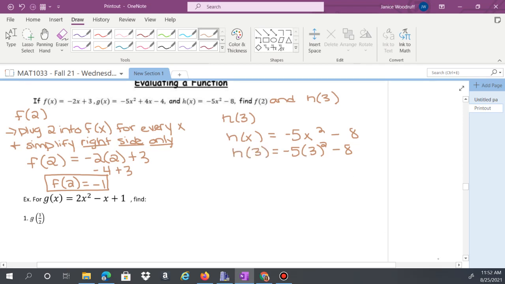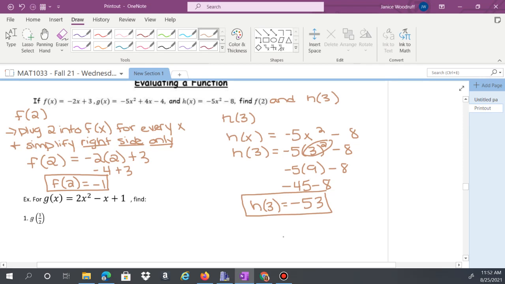So we'll go order of operations. 3 squared is going to be 9. Then we'll do negative 5 times 9, which gives us a negative 45. Minus 8 will give us a negative 53. So we say h of 3 is negative 53.